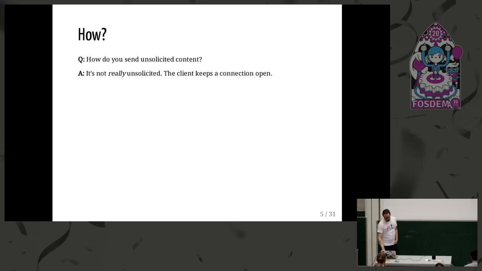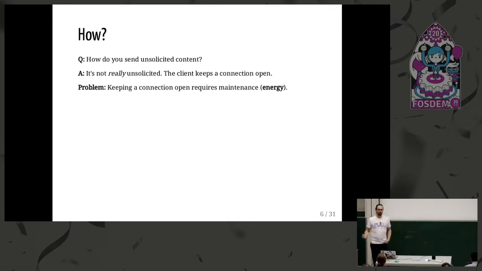So how do you send information from a server to a client without the client asking for it? Well, we cheat. We ask beforehand, give me new information at some point later, so we keep an open connection, which the server then can use to send those updates to the client. The problem is keeping a connection open does require maintenance of those connections.